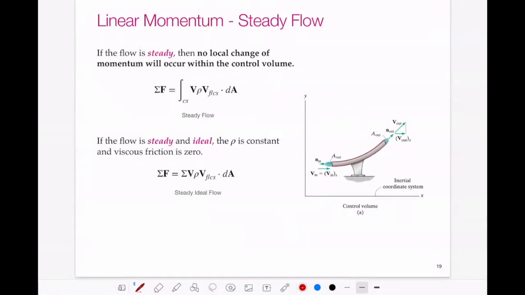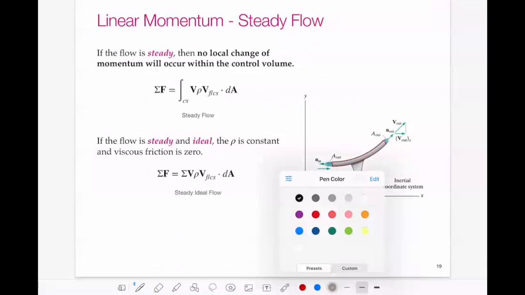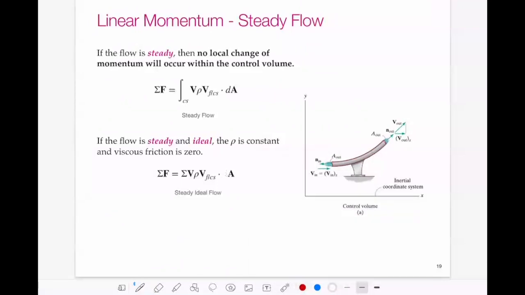We can further simplify this if we have steady and ideal flow. If the density is constant, then we can integrate this over the area, and it's just equal to the sum of the velocity. This shouldn't be dA, this should just be the area.